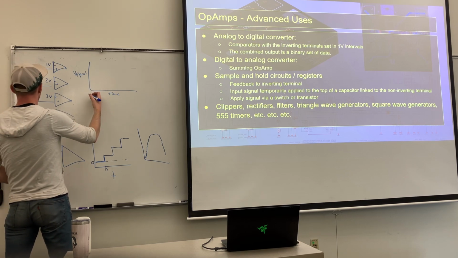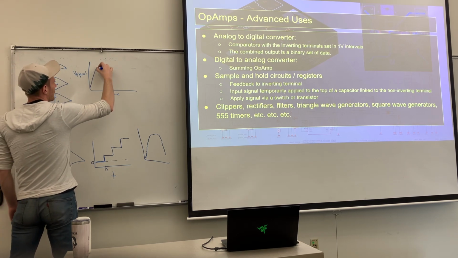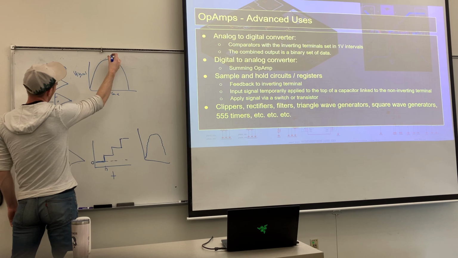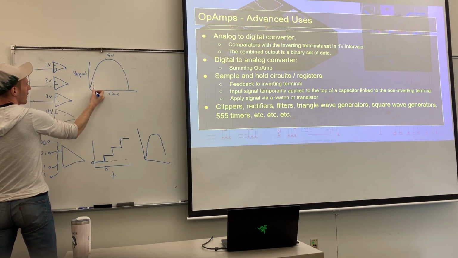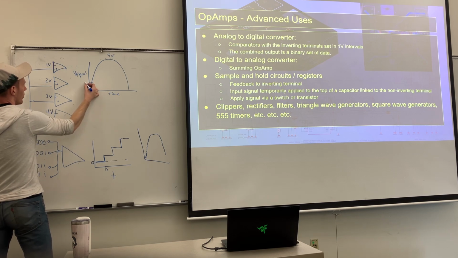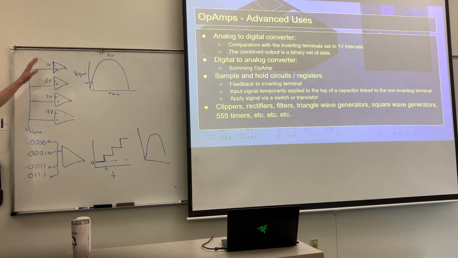So let's say you've got your input signal, and it looks like this, and this is a peak of 5 volts. At this point right here, at 1 volt, typically 1.001, compared to this 1 volt, this will go positive and output a logical 1. This is too low, this is too low, this is too low. So we have 1, 0, 0, 0.